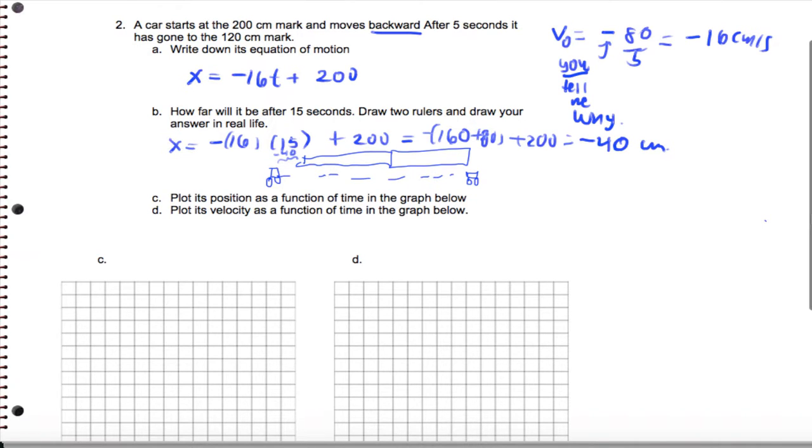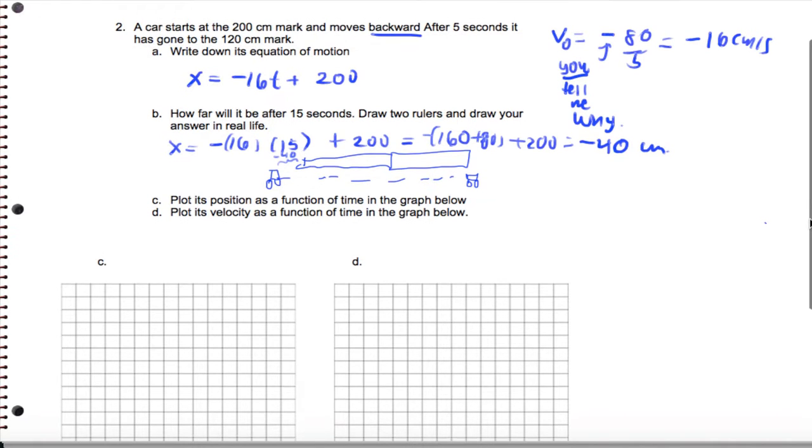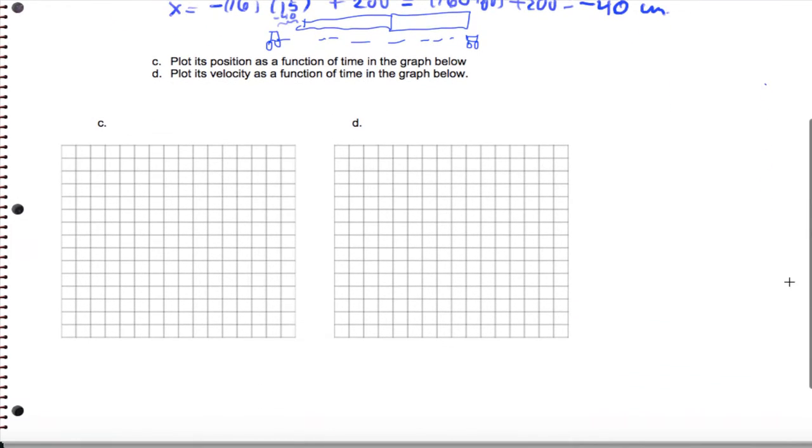All right, now to plot the position as a function of time, let's see. I definitely want to make sure I'm labeling this right, so we'll say 40, 80, 120, 160, 200. That uses quite a bit of space here, so we'll say 200, 160, 120, 80, and 40.